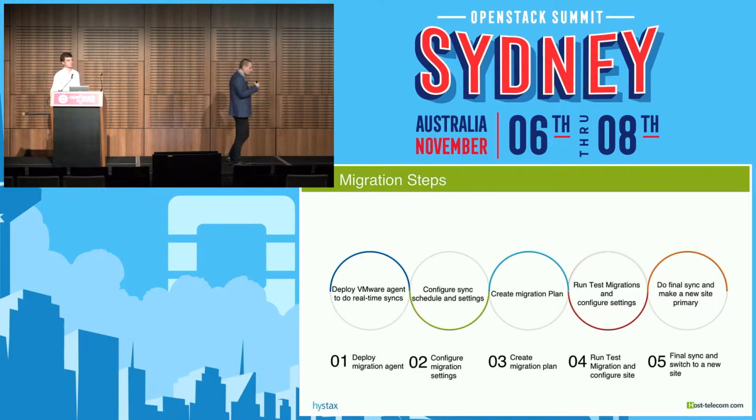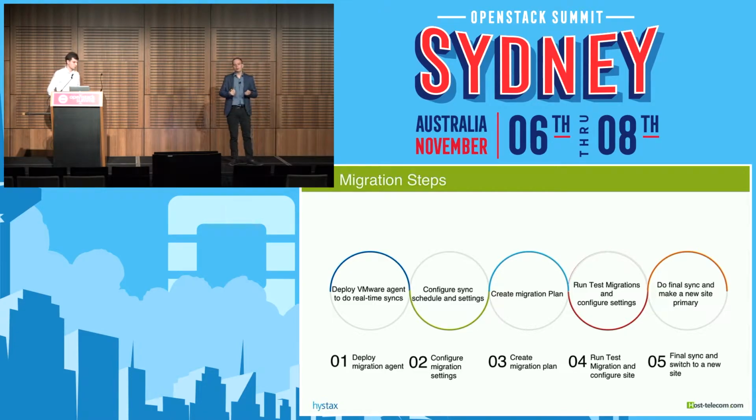The migration of the computing part consists of 5 steps we need to accomplish for a successful migration. First of all, we need to deploy migration agents, which would externally replicate a business application and send data to the OpenStack site, to another site where we would like to spin up our application.